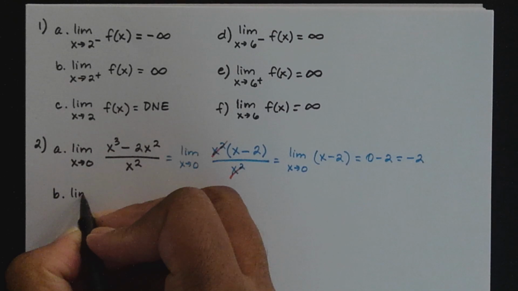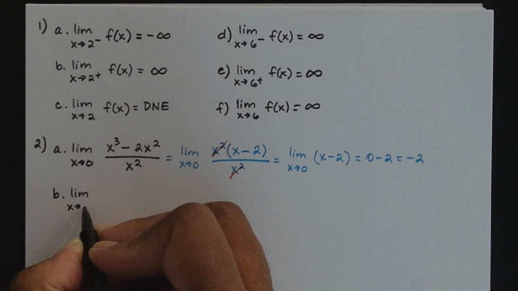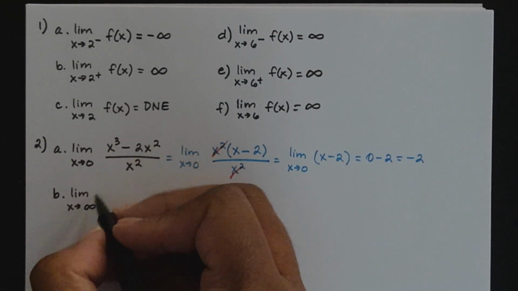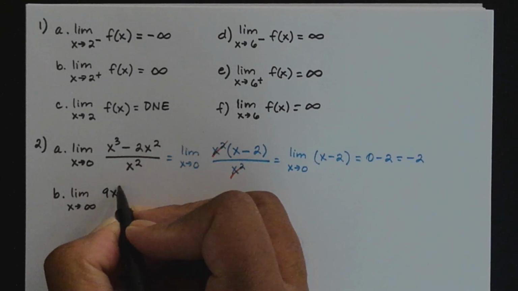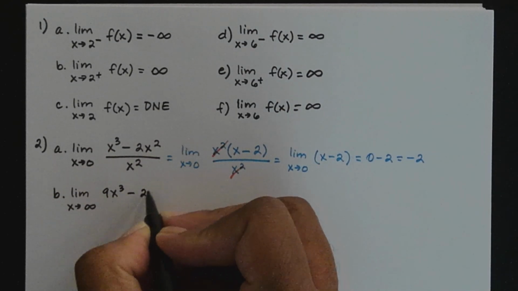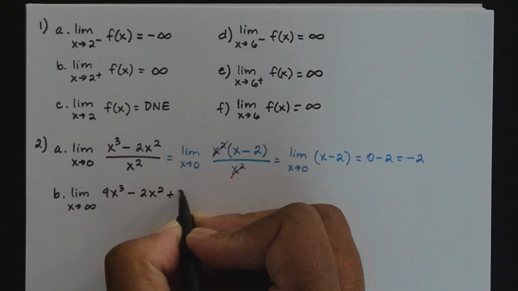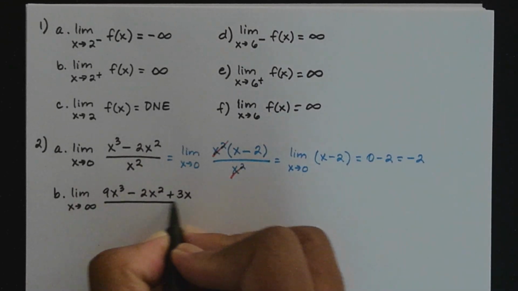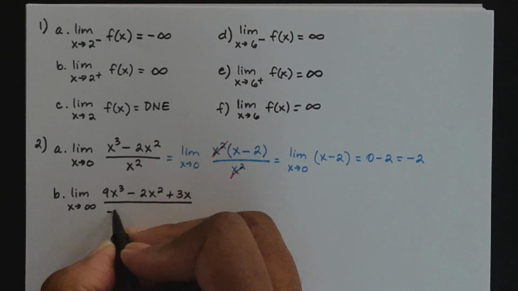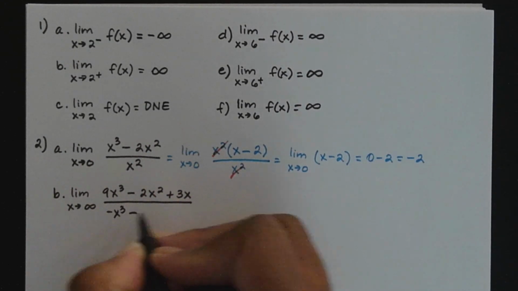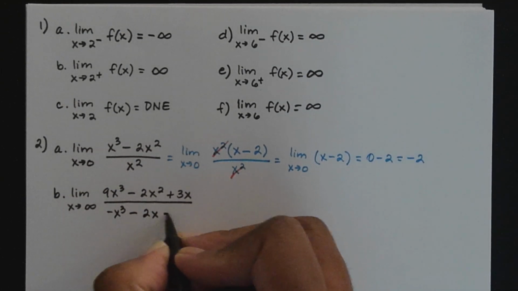All right, now let's say we have the limit as x approaches infinity of 9x cubed minus 2x squared plus 3x, whole thing's divided by negative x cubed minus 2x plus 7.